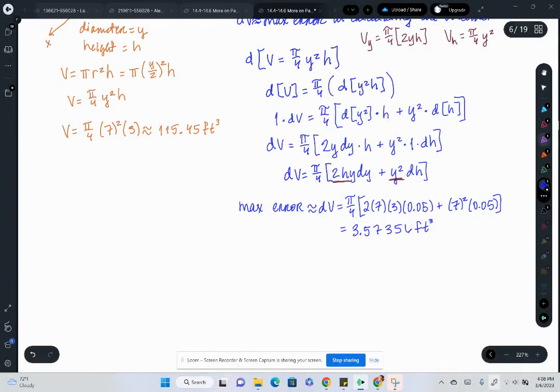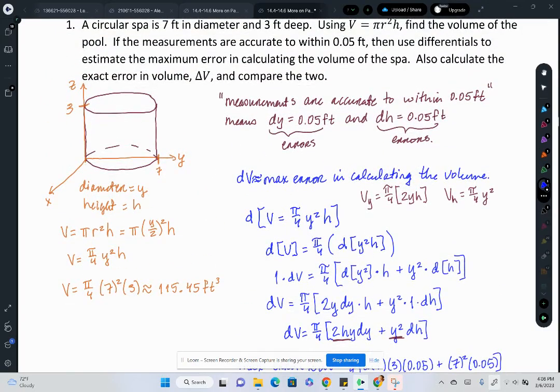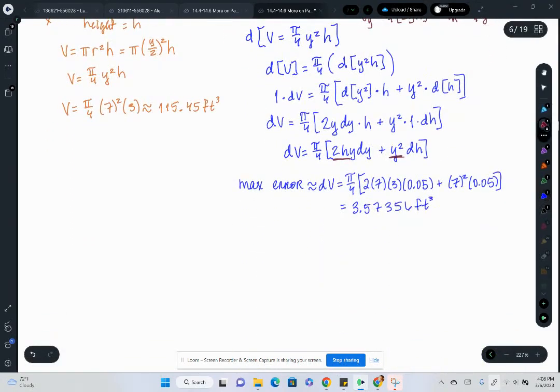So the exact error is the next thing that they're asking us to calculate. So calculate the exact error in volume, delta V, and compare the two. Okay, so exact error is delta V, and that is going to be V evaluated at 7.05 with 3.05.